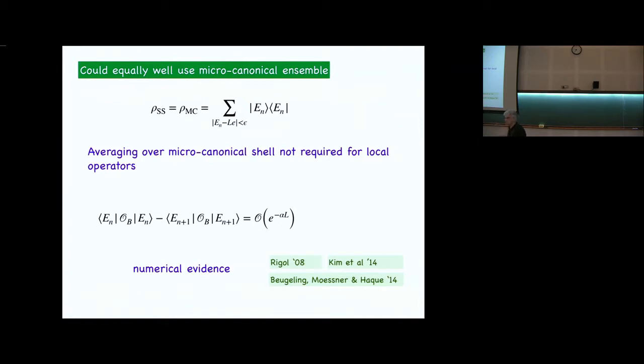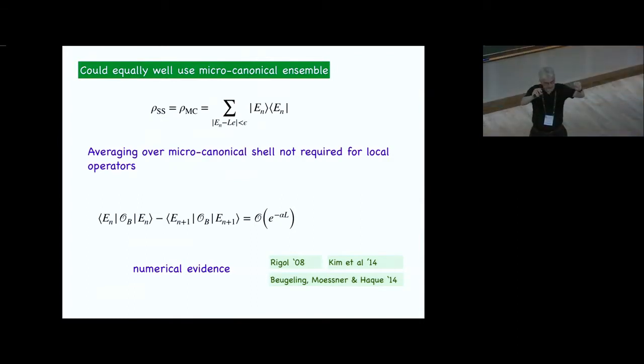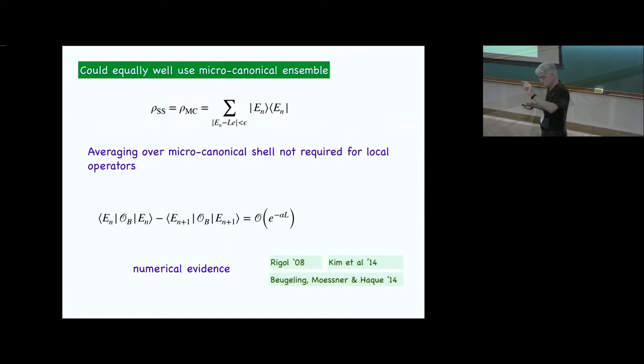You have to fix not only the energy, so your micro-canonical shell is obtained not just by fixing the energy, but also fixing the values of the higher conservation laws. Now the states in that shell are simultaneous eigenstates of the Hamiltonian and all the higher conservation laws.